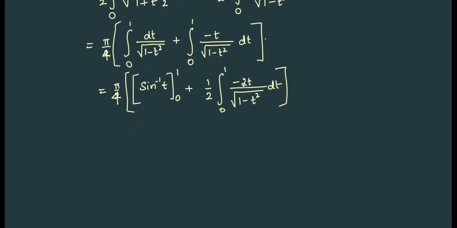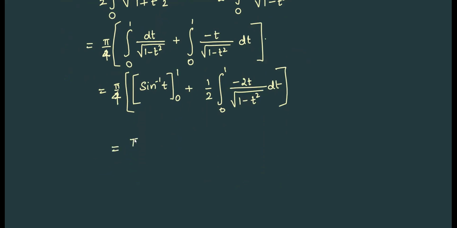Now here, I will further multiply and divide this by 2. So I get the derivative over root of the function, f dash x by under root of f of x. If f of x is 1 minus t square, then the derivative will be minus 2t.